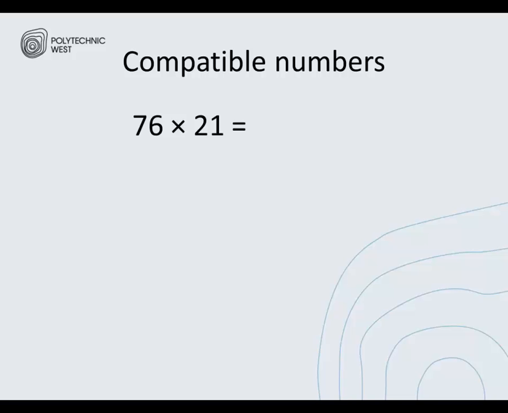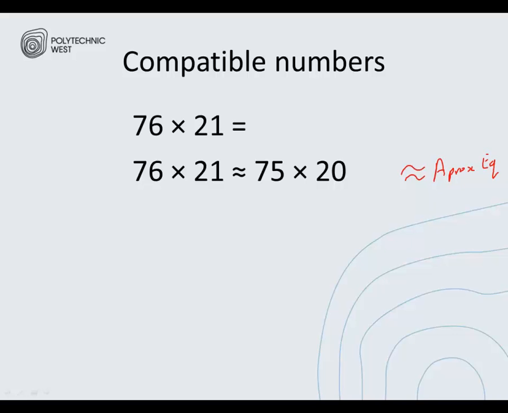So here I've got a sum, 76 times 21 equals. What I'm going to do is substitute in 75 and 20. Now that little symbol here means approximately equal to. Okay, so 76 times 21 is approximately equal to 75 times 20.